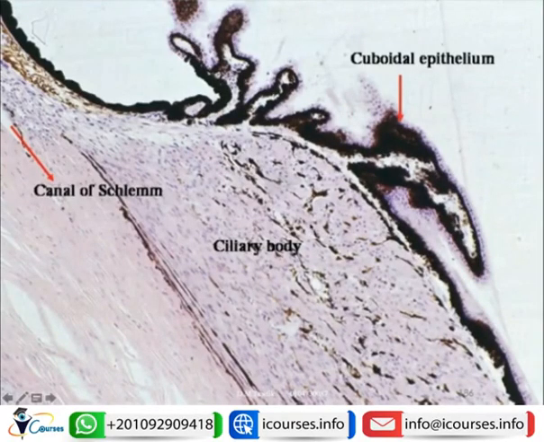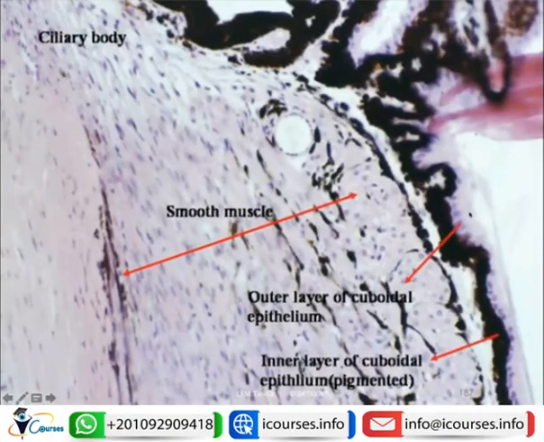If we magnify further, you will find a layer of light colored epithelium, which is the inner non-pigmented epithelium, giving the ciliary process the white color, while here is the pigmented layer of the epithelium. So the non-pigmented epithelium is the inner one, while the pigmented epithelium is the outer one.